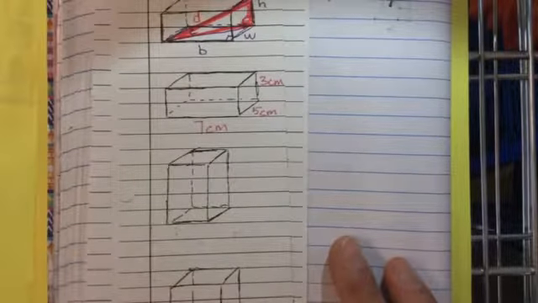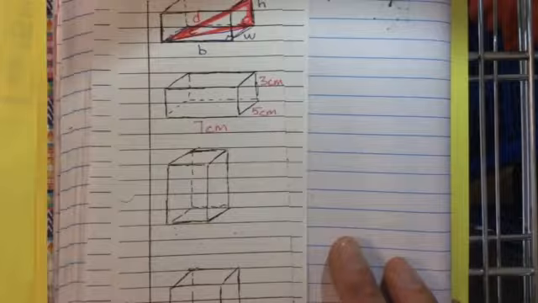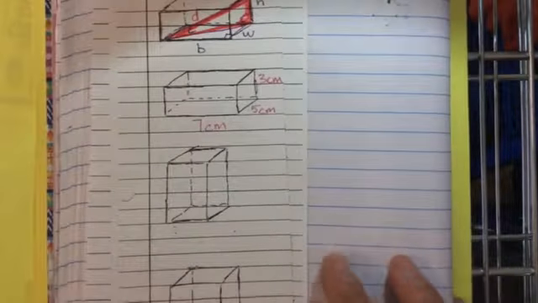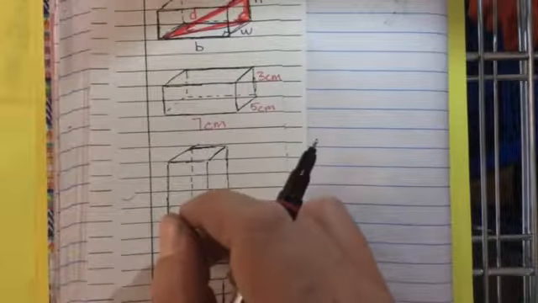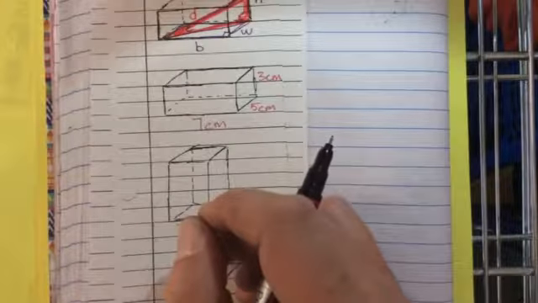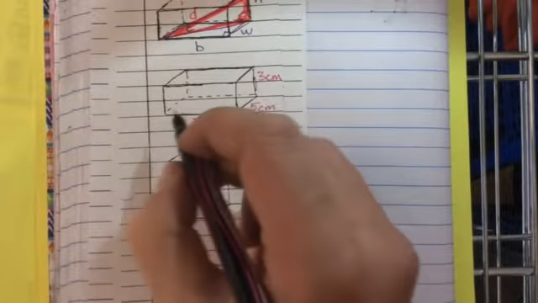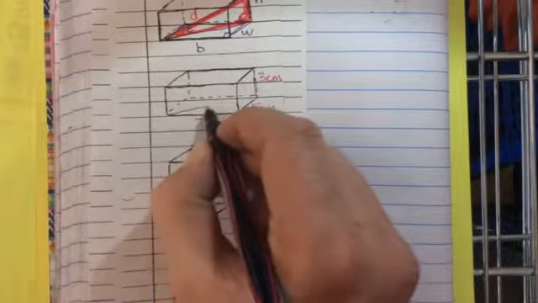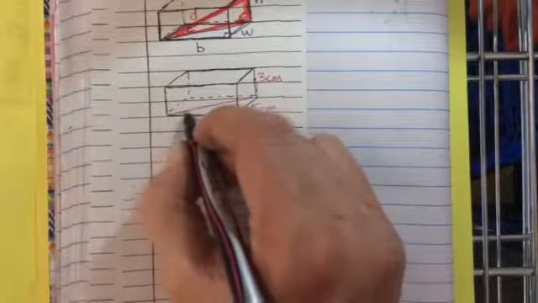So now we are given our lengths. What do we need to do now? The first thing we need to do, we're going to cut the base in half by drawing the hypotenuse.